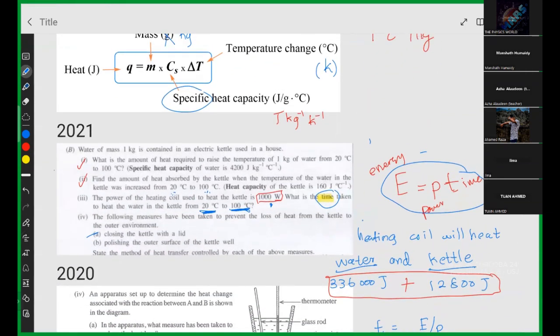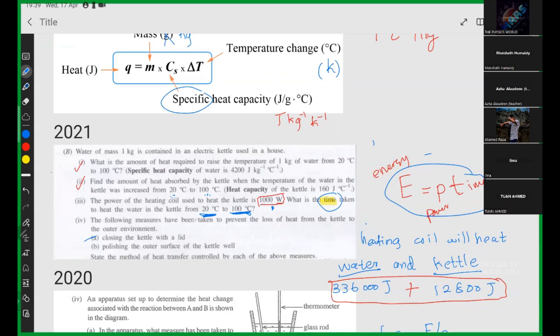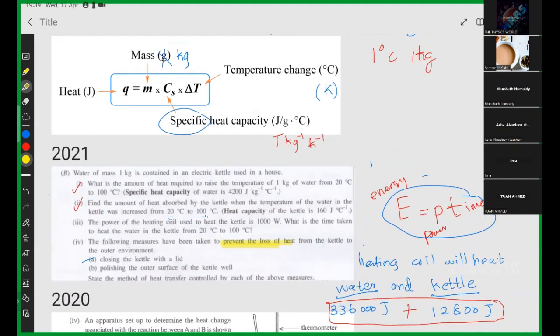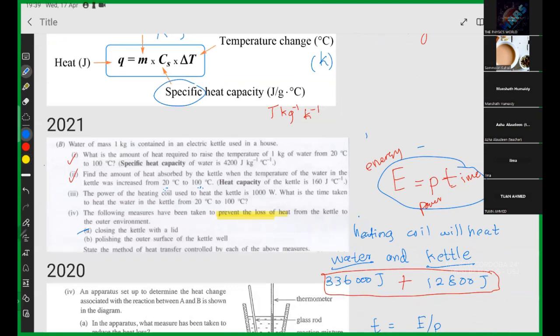They are going to prevent the heat loss from the kettle to the outer environment. If they close the kettle with the lid, they are actually going to protect it from convection. So they will protect the heat from convection heat transfer, that is, they will not let the heat transfer out.